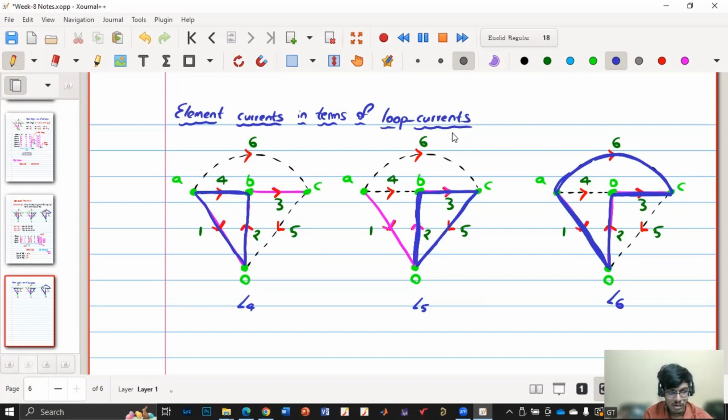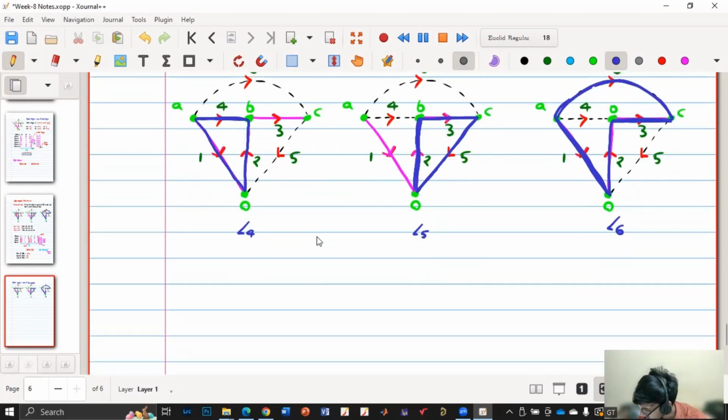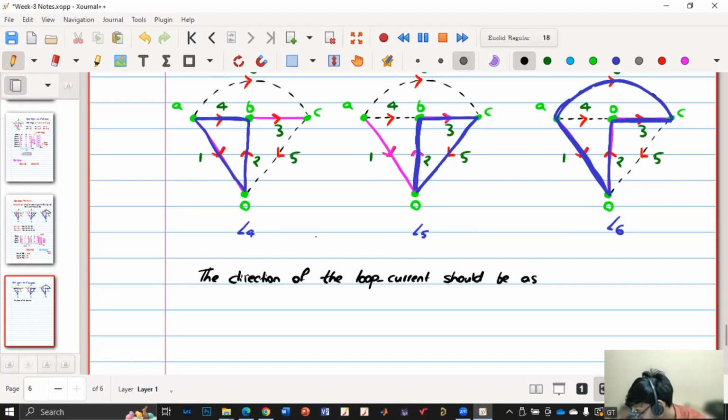The direction of the loop current should be the same as the link current.